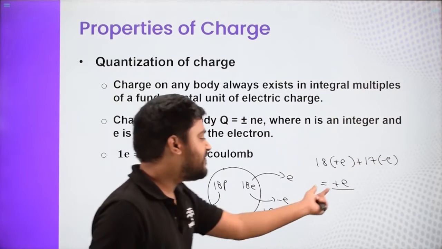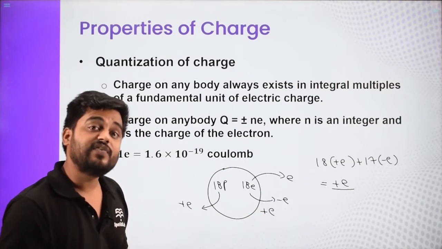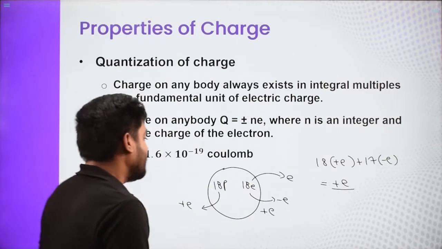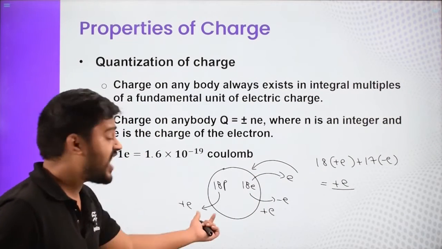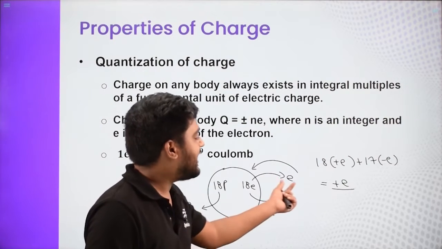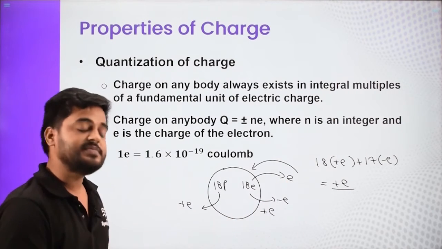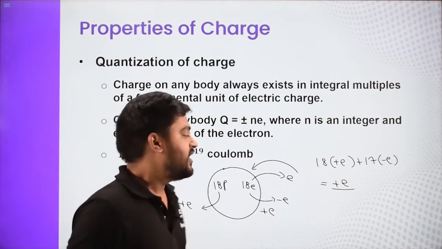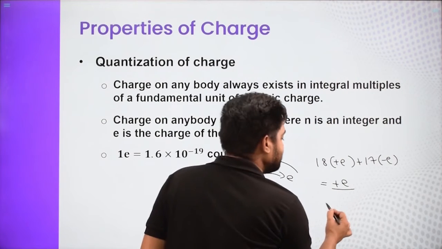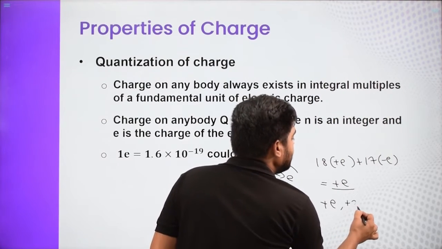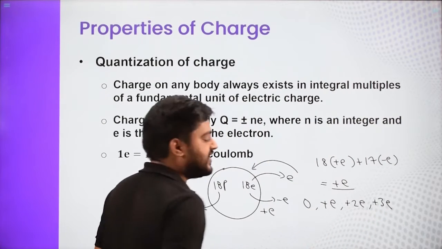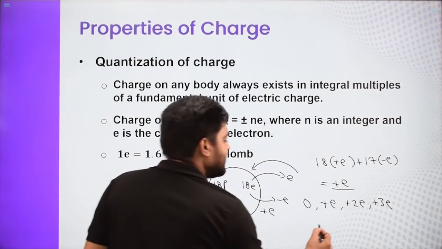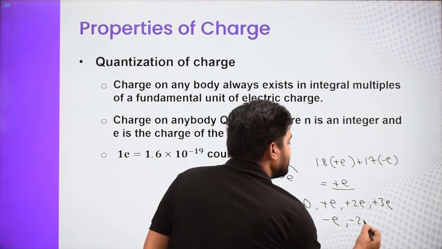So now it can be 1. If 2 electrons leave, it will be plus 2E. Similarly, when 1 electron comes to it, the charge on the body is going to be minus E, and when 2 electrons come, it is going to be minus 2E. So as you can see, charge can be plus E, plus 2E, plus 3E, or it can be 0 initially if we are talking about a neutral object, it can be minus E, minus 2E.